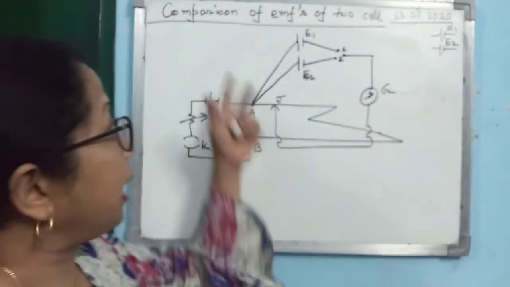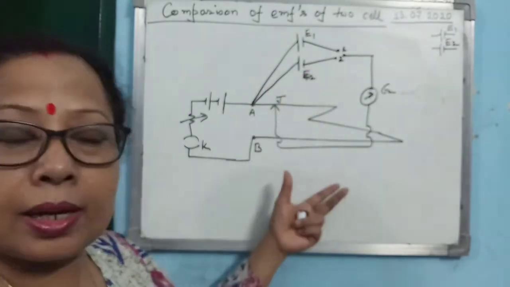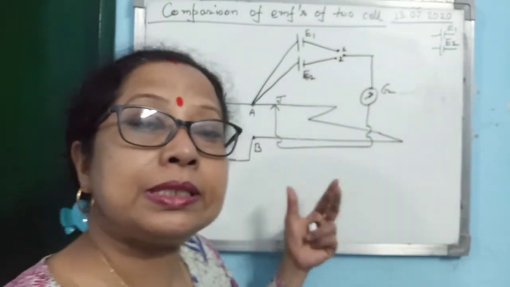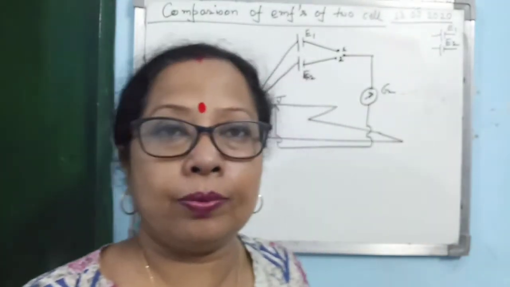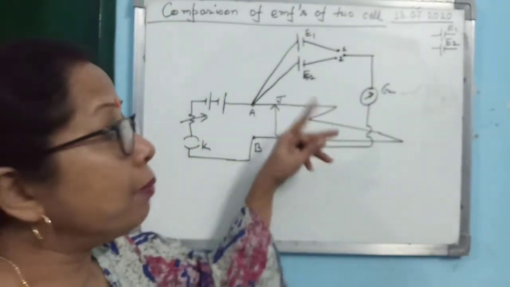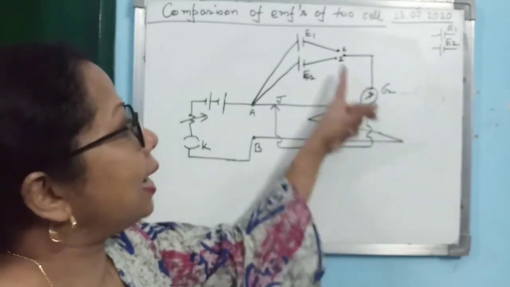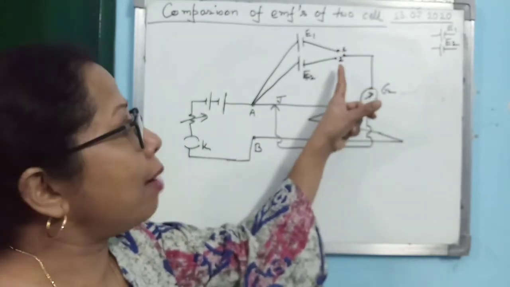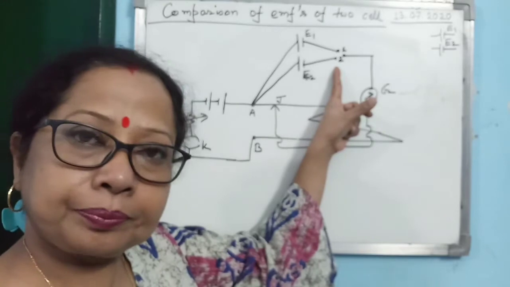I said I am not writing here, because then I would have to rub it out again, which is not possible. So I am saying it verbally, please note it down. What is the first step? After making the circuit, the plug is inserted at gap 1 and gap 2 is kept open.